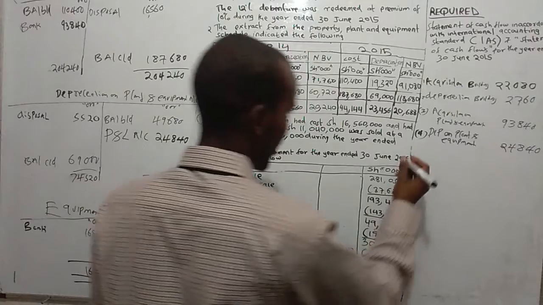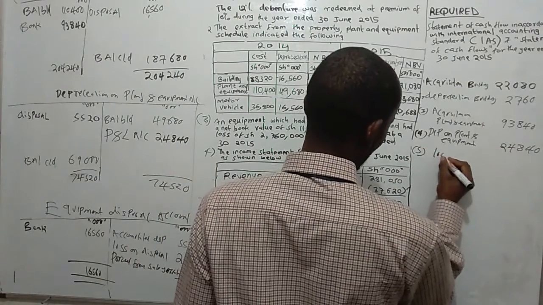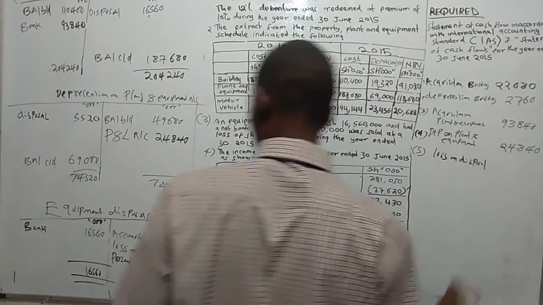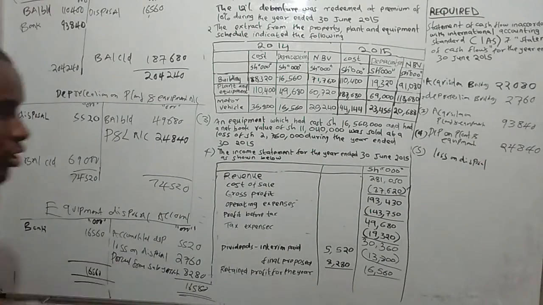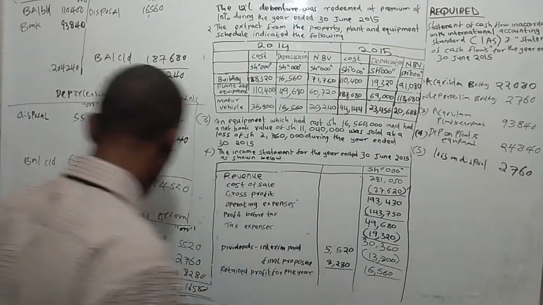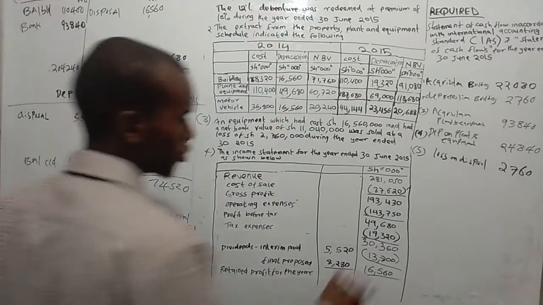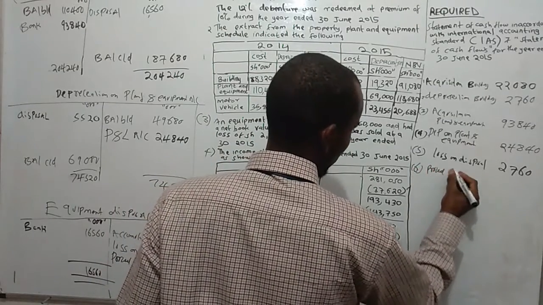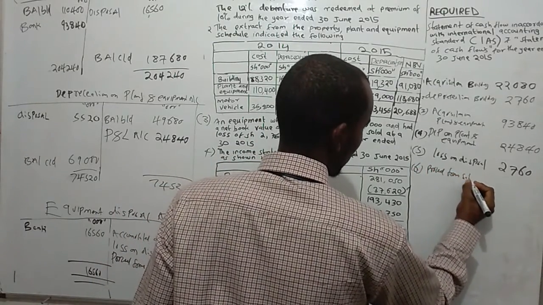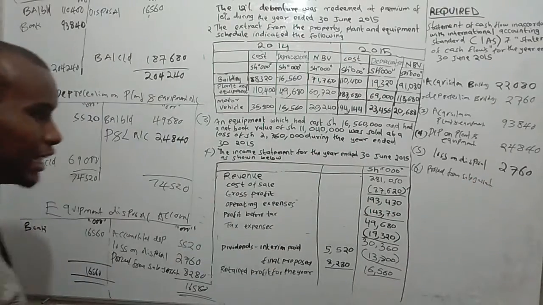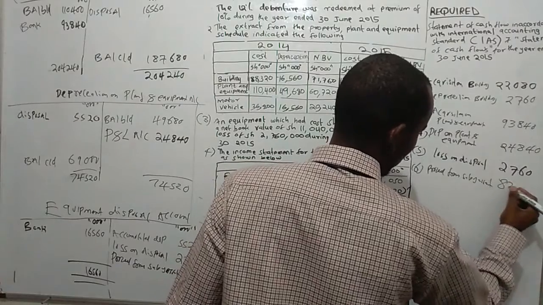So let's have number 5, loss on disposal, 2,760. Number 6, we have proceeds from sale of asset, 8280.